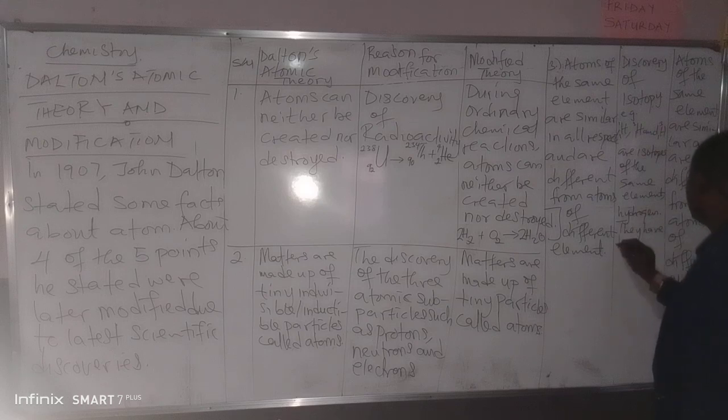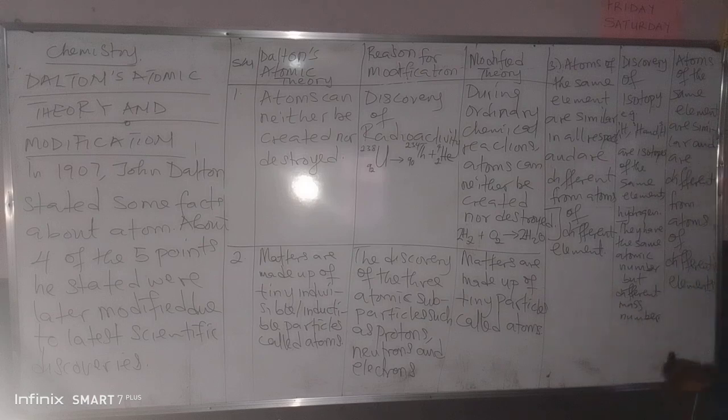They have the same atomic number, but different mass number. So why did you now say they are similar in all respects? What about elements that exhibit isotopy? They have the same symbol, they have the same atomic number 1, 1, 1, but mass number of this one is 1, this one is 2, this one is 3. So the discovery of isotopy countered this. So atoms of the same elements are truly similar, but not in all respects, because members of isotopes have different mass numbers.